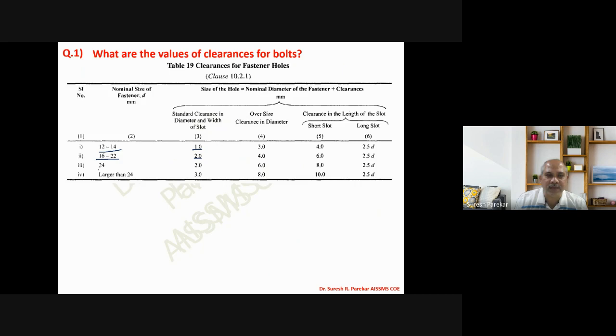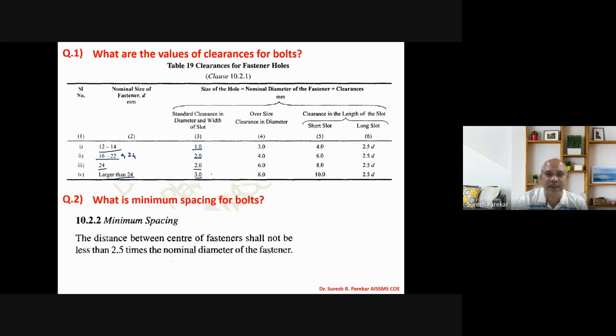Then 22 and 24 we have 2 millimeter again, and then larger than 24 we have 3 millimeters. So these are the criteria. So we can write 16, 22 and 24 we have 2, and then larger than 24 we have 3.